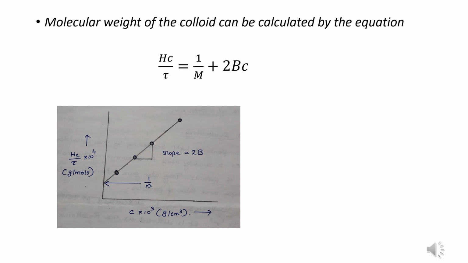The intercept on the y-axis is 1 by M, and the slope gives 2B. When we interpret the graph, we are plotting Hc by tau versus c, with Hc by tau on the y-axis and c on the x-axis. You get a straight line. From the y-intercept you get 1 by M, so M is equal to 1 by intercept, and this gives the molecular weight of the colloidal particle. And the slope is 2B, so B is equal to slope by 2, and this gives the interaction constant, that is B.